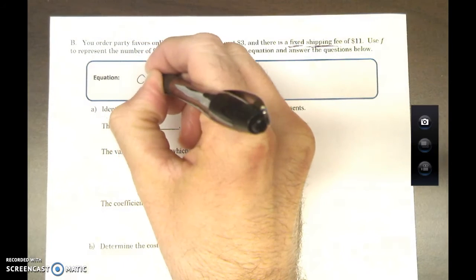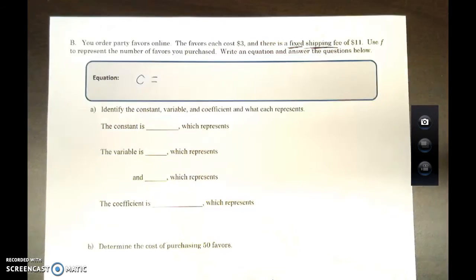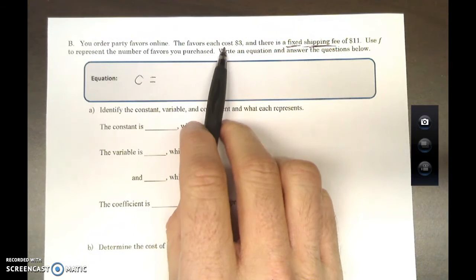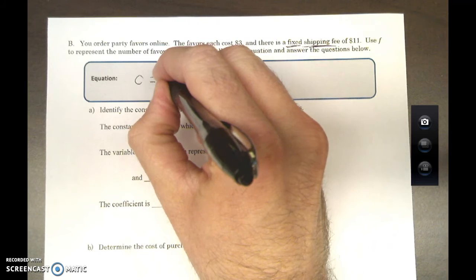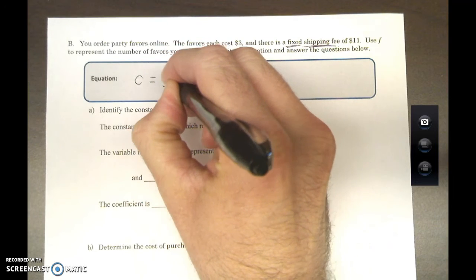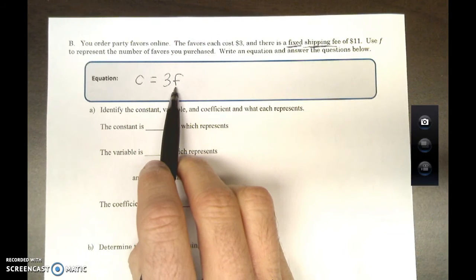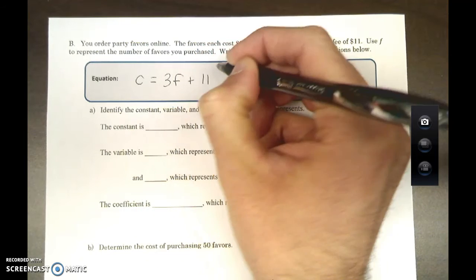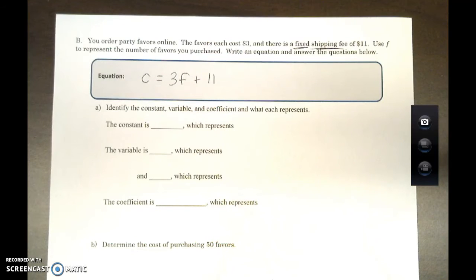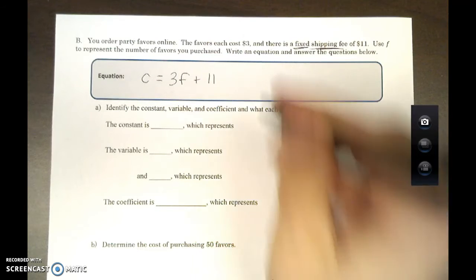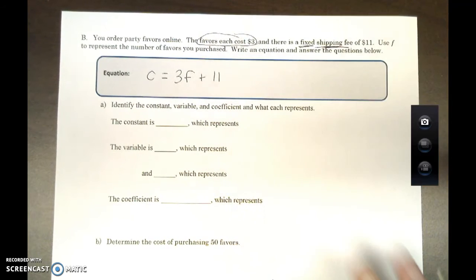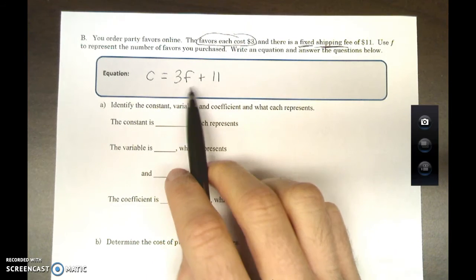So my equation is going to be C for cost equals, how much does it cost for each favor? It's $3. So it's going to be 3F, so 3 times the number of favors I purchase, plus $11 per month for the total monthly cost. So we take our $3 per favor, or $3 each for the favor, plus the $11 to get our equation.